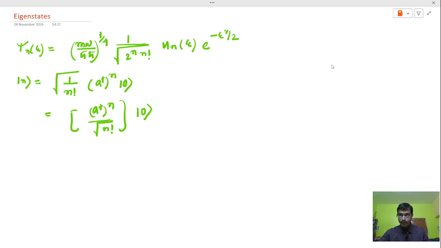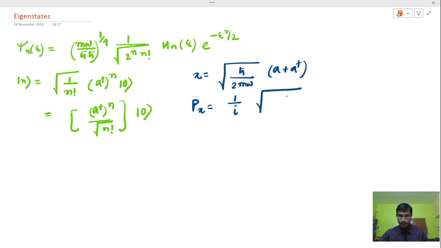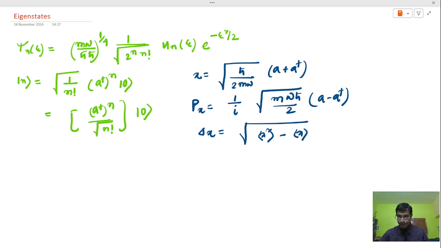And here are some other results: position x is root over h cross by 2m omega, (a plus a dagger), and the other one, p_x is 1 by i root over m omega h cross by 2, (a minus a dagger), and delta x fluctuation is basically root over (x square expectation minus x expectation whole square).